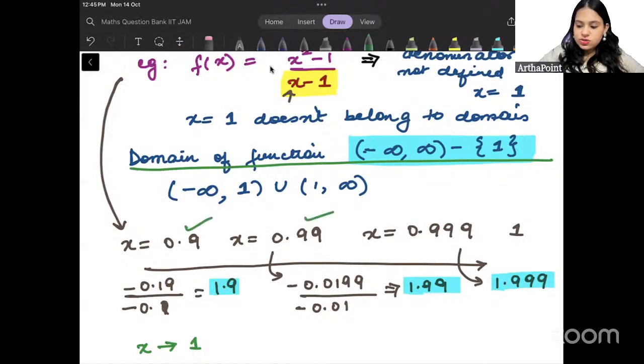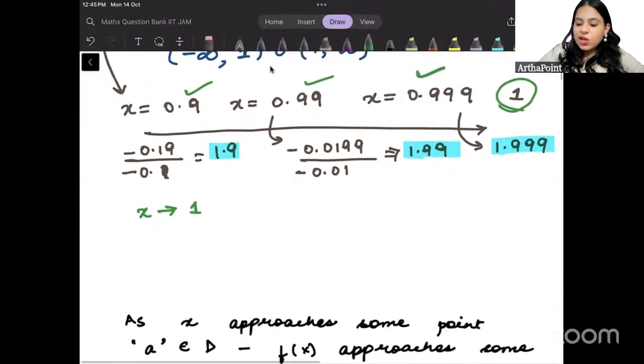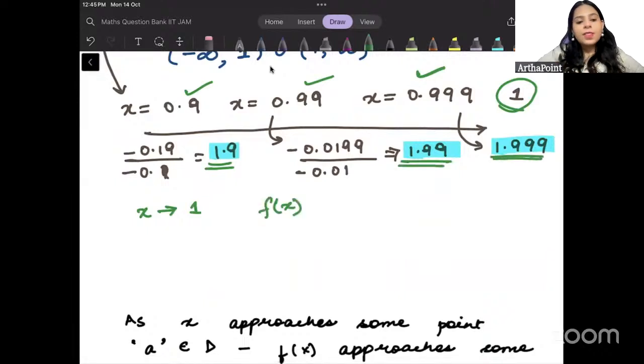And I am trying to understand how the function is acting. We understand here that the function is going closer and closer to the value 2. Right? 1.9, 1.99, 1.999, very close to 2.